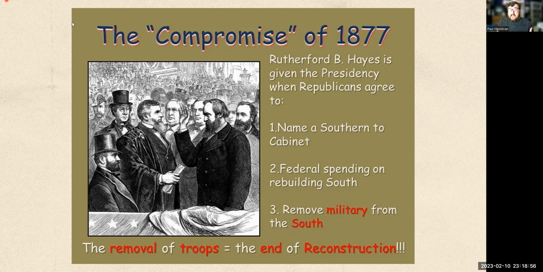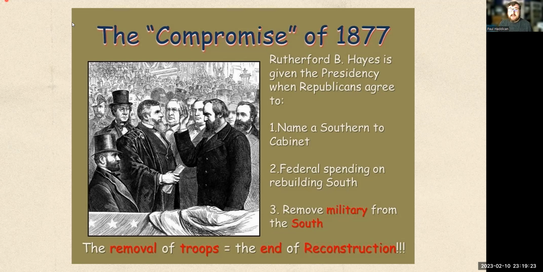And then outside of that, we're left with a rise of white supremacy groups. The KKK gets started during this time. A whole bunch of other Southern white supremacist groups get started throughout the South to oppose this Union interference in Southern politics and Southern life and Southern way of living.